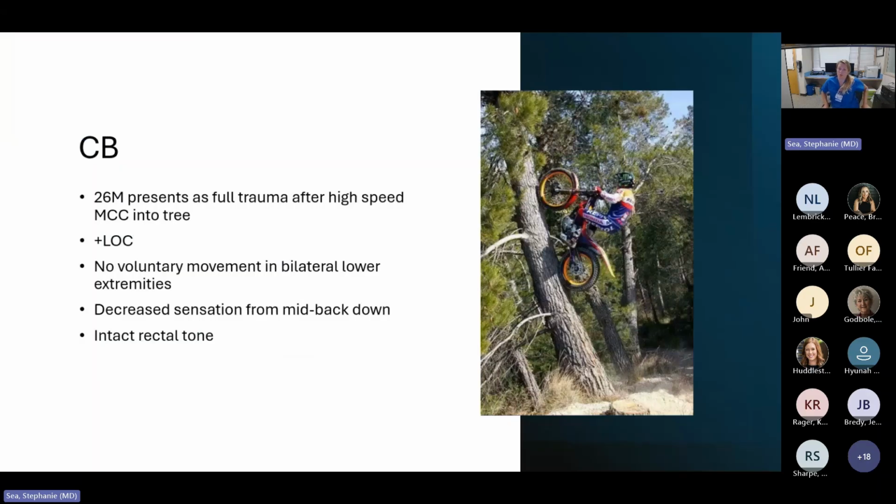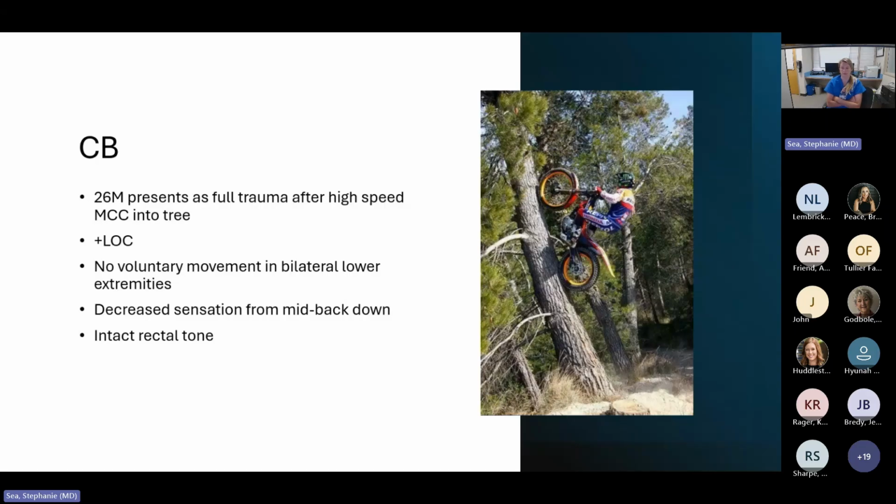I'm going to walk through this talk today with a patient of ours. As we talk about him, some of you may or may not remember him, but we'll just say this patient was CB. This was not CB. He successfully did not climb the tree. He actually ran into the tree at a very high rate of speed. They report 90 miles per hour.